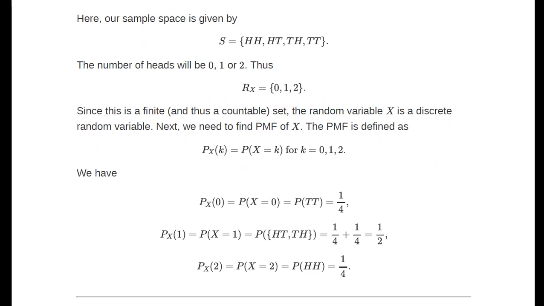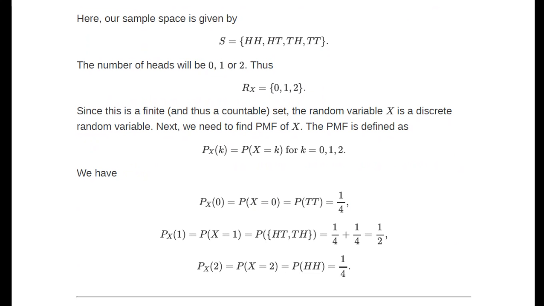The PMF is defined as P_X(k) equals P(X equals k) for k equal 0, 1, and 2. We have P_X(0) equals P(X equals 0) equals P(TT) equals 1 over 4.